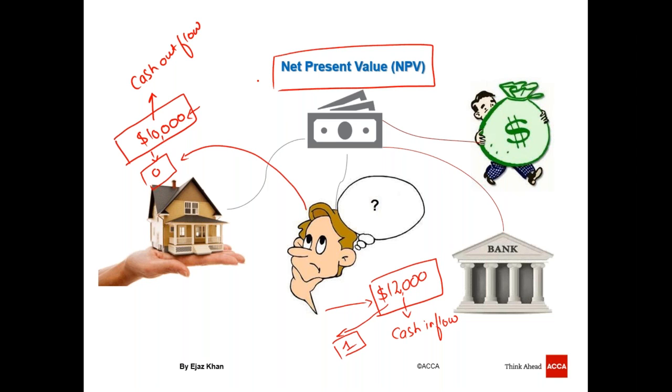So the company has to make sure that it earns or generates enough returns to satisfy its investors. Let's say the investors require 10% per annum return against their investments. So the company has to make sure that it earns at least 10% from the investment.